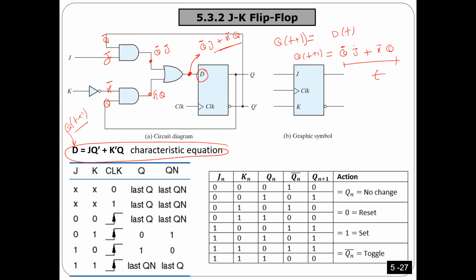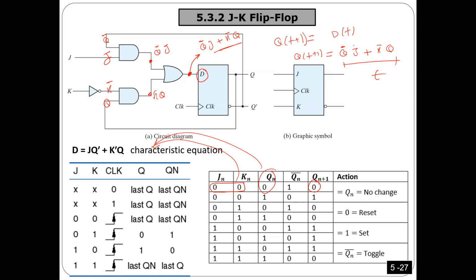Just to give you one example, if I use 0 and 0, and now Q is 0. If I take these 3 values and apply them here, for sure I'm going to get 0. So this is just an equation that can describe the table you have here.